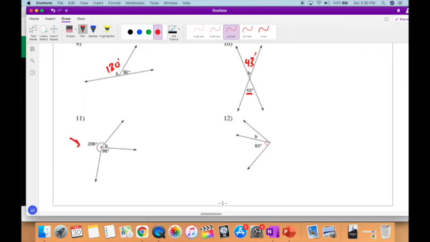Calculator lady, I'll need you for this one. We can see here that this is angles around a point. Angles around a point add up to 360 degrees. So what do we have here? We have B plus 209 plus 96, and that is equal to 360 degrees.